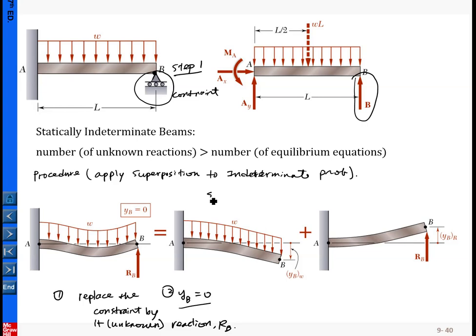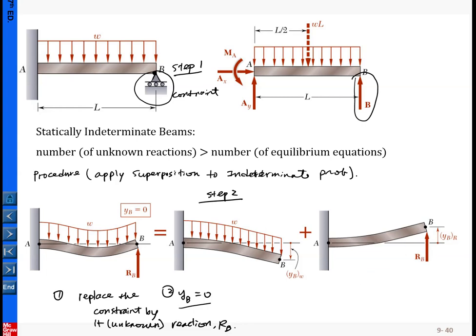Now step 2. Step 2 is to recognize an equivalent description of the original problem by decomposing this system into the summation of the loadings. One is from the distributed loading omega. The second is due to the loading from the reaction here.